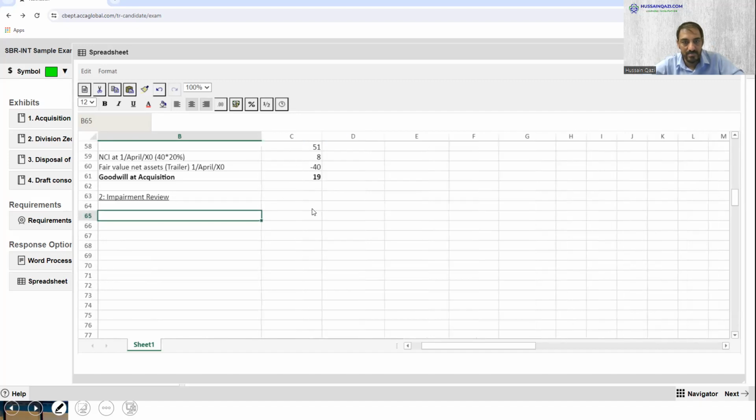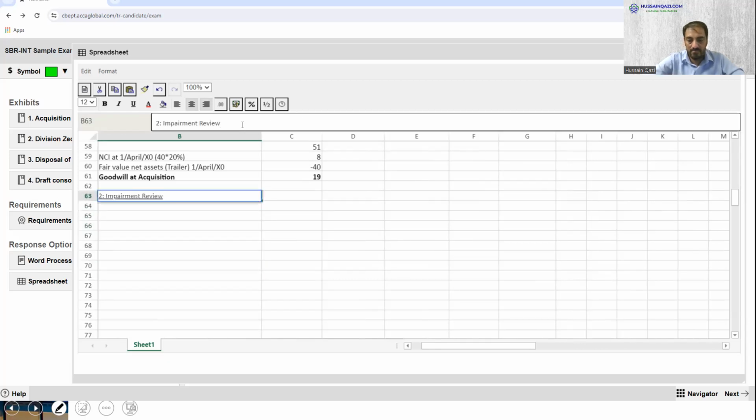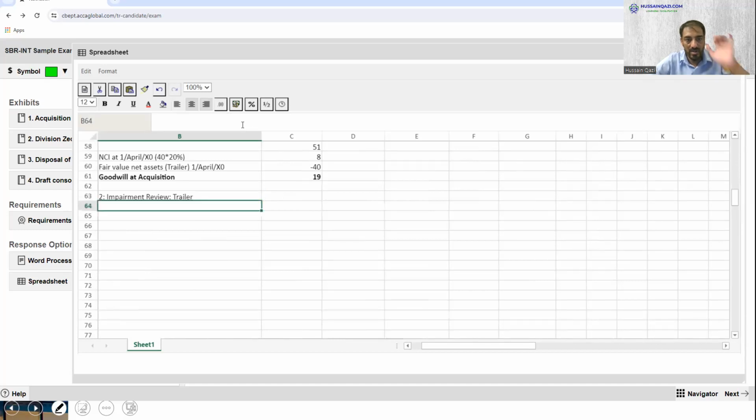Number 1, we have to identify all assets here. For example, the assets. Carrying amount before impairment, it's very simple.